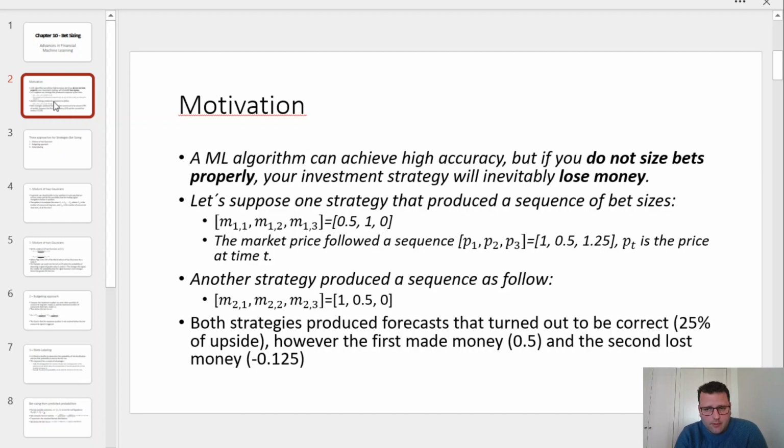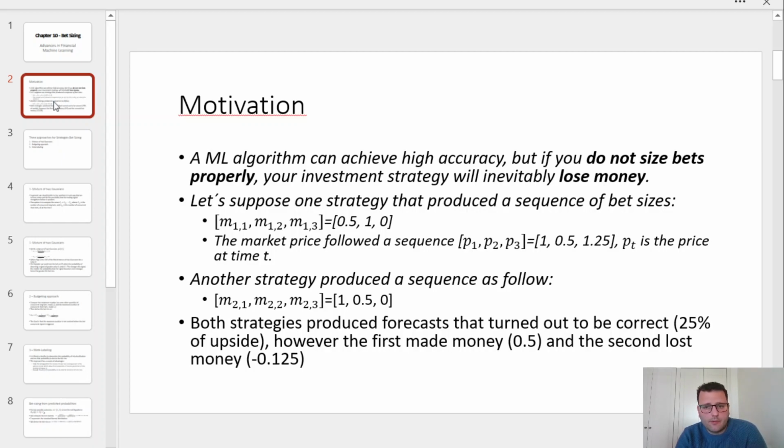The motivation of this chapter is to shed some light on the bad side of our machine learning algorithms or bets in the market.